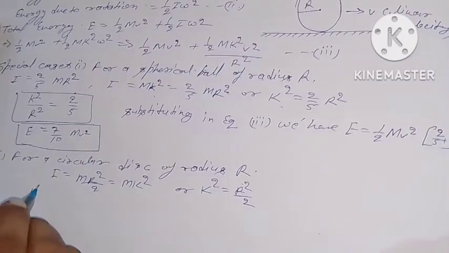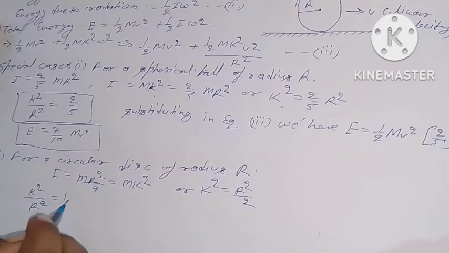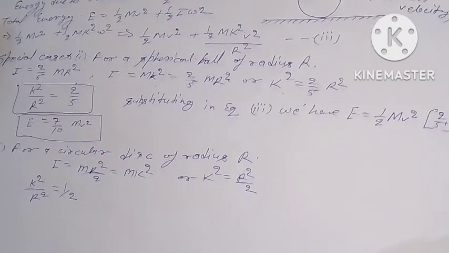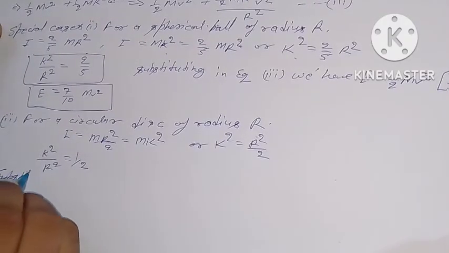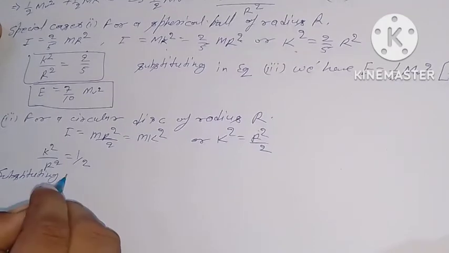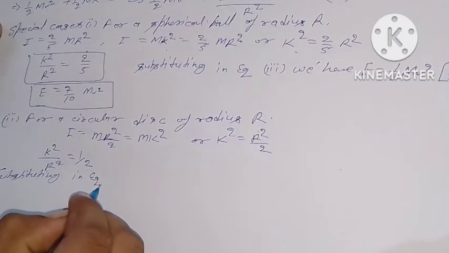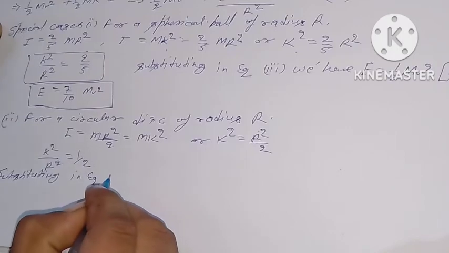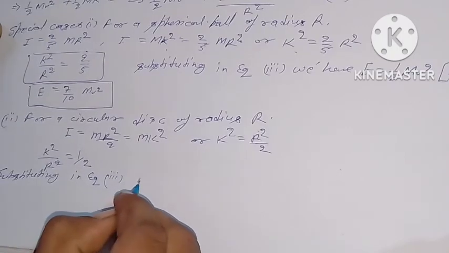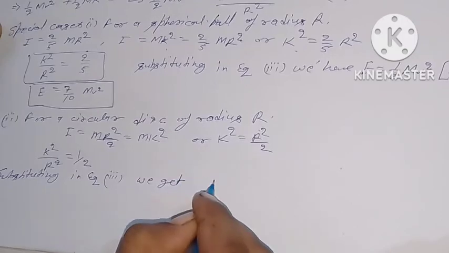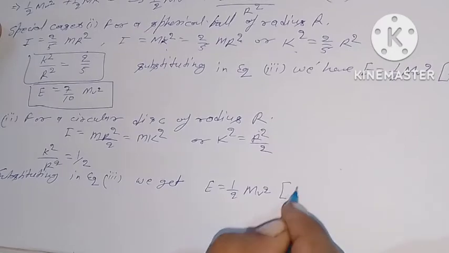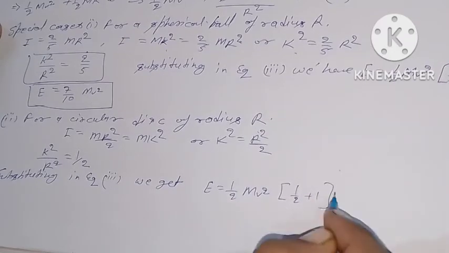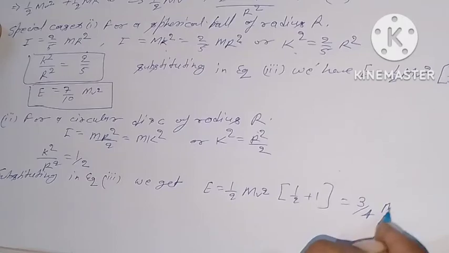That is small k square upon r square equal to 1 upon 2. Substituting in equation third, we get E equal to 1 upon 2 capital MV square, bracket 1 upon 2 plus 1, that is 3 upon 4 MV square.